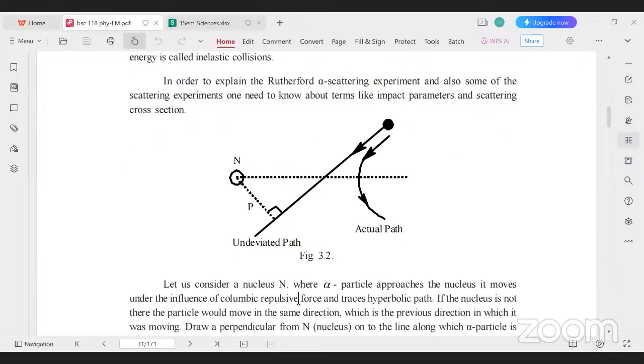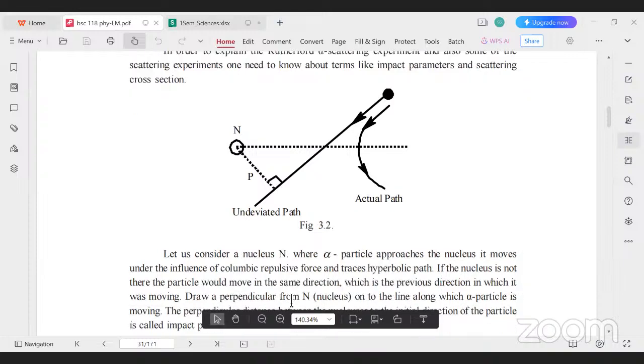Let us consider a nucleus N. Here the nucleus N, where the alpha particle approaches the nucleus, moves under the influence of Coulombic repulsive force and traces a hyperbolic path. If the nucleus is not there, the particle would move in the same direction in which it was moving previously.